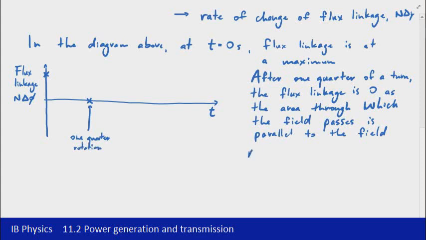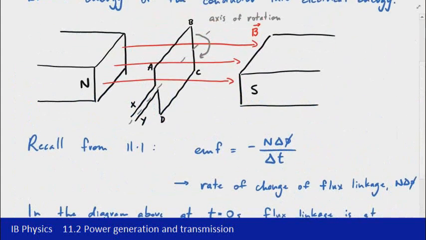Now after 1/2 a rotation, that now basically means that the side AB and CD have swapped over. If we took that initial, so when t is equal to 0 as shown in the diagram, that means that the direction we're dealing with is sort of coming from the right through AB, CD.